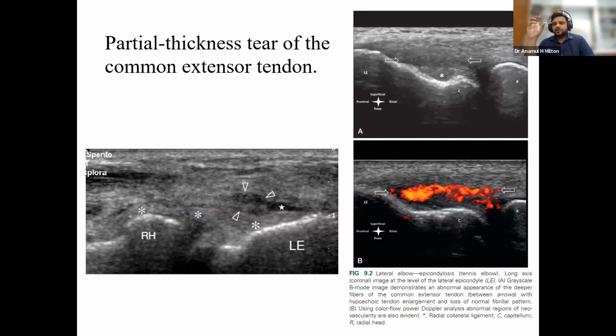If the probe is not perpendicular, you cannot see the actual structure, because the sound does not come back toward the probe after reflecting, so you cannot see the actual position or actual pathology.